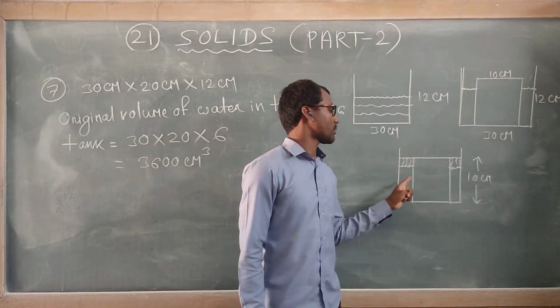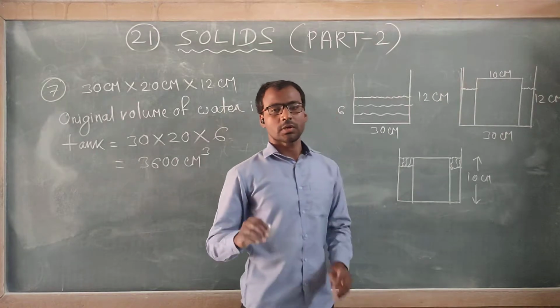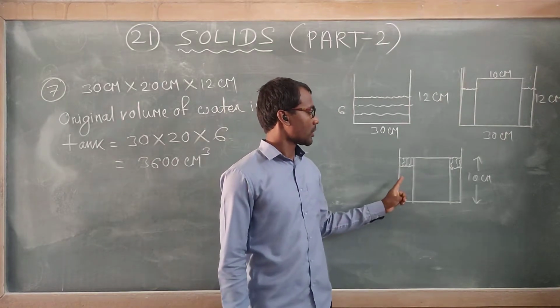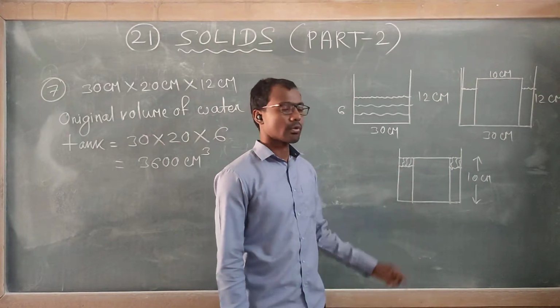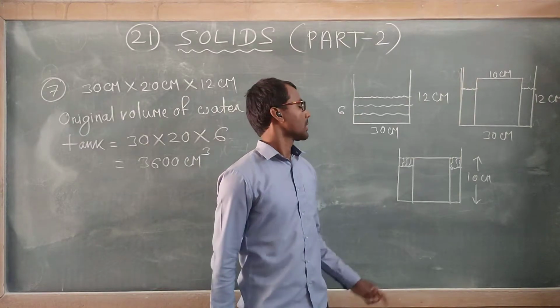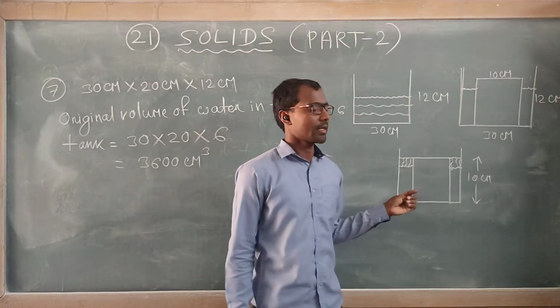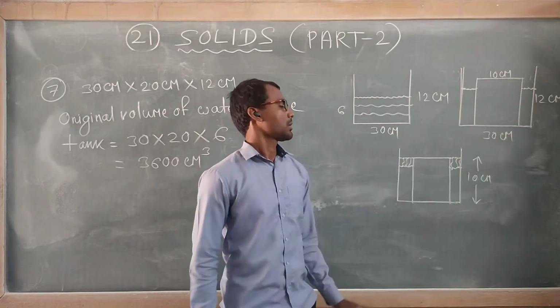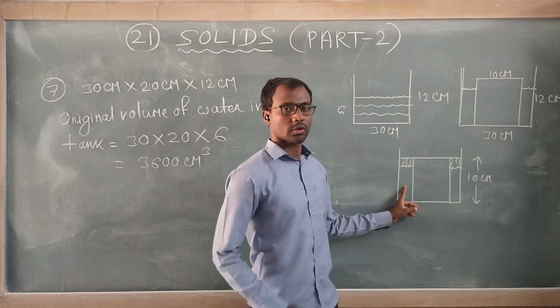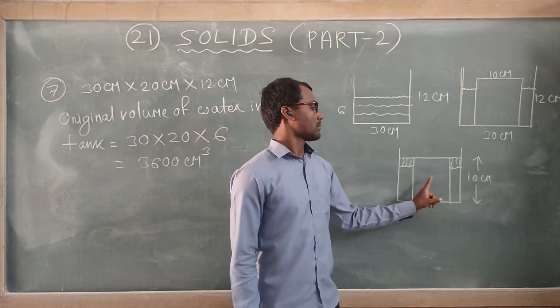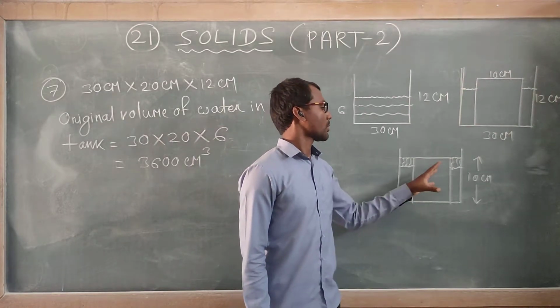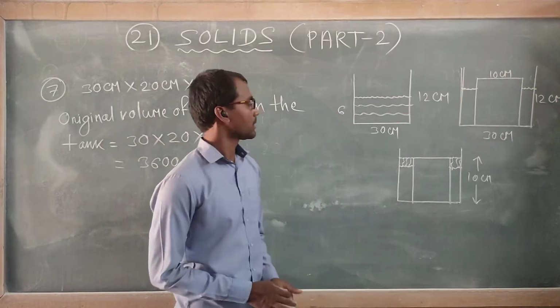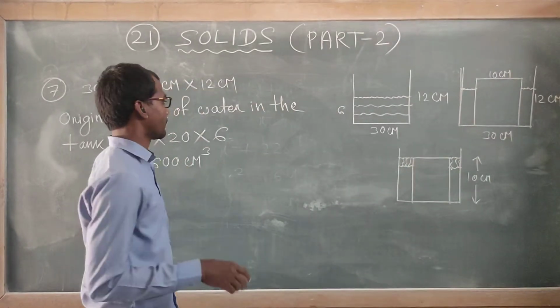So volume of water plus volume of cube is equal to the volume of this cuboid, means container, tank. Volume of the tank till 10 cm height, not 12 cm, 10 cm. From that you can find the final value.